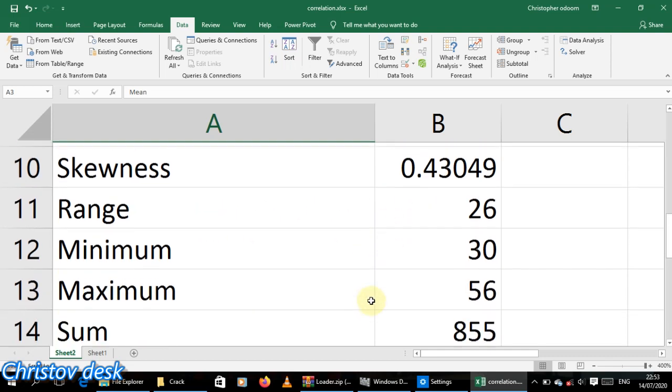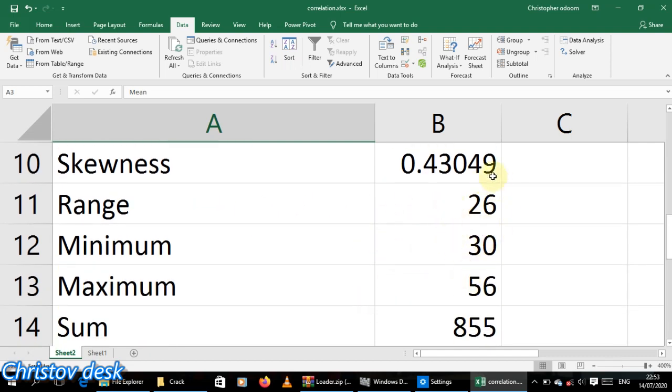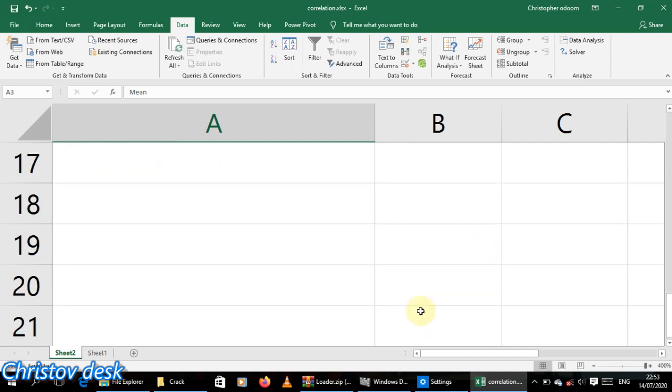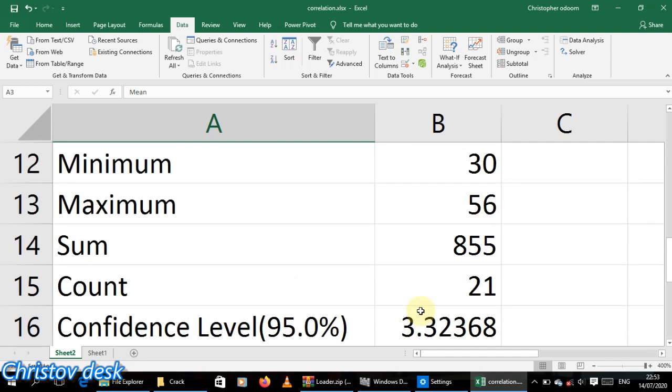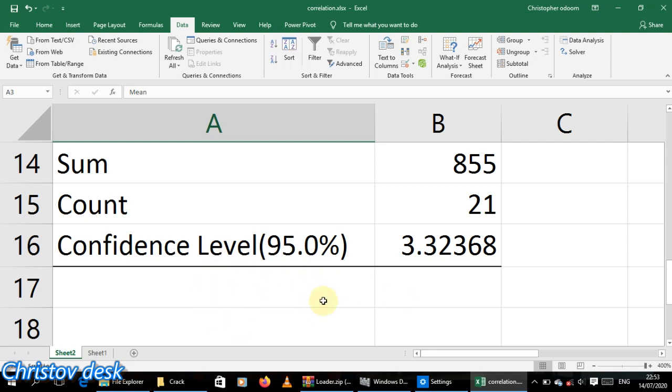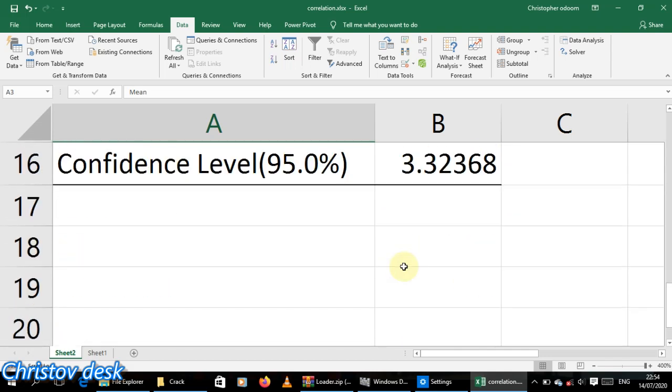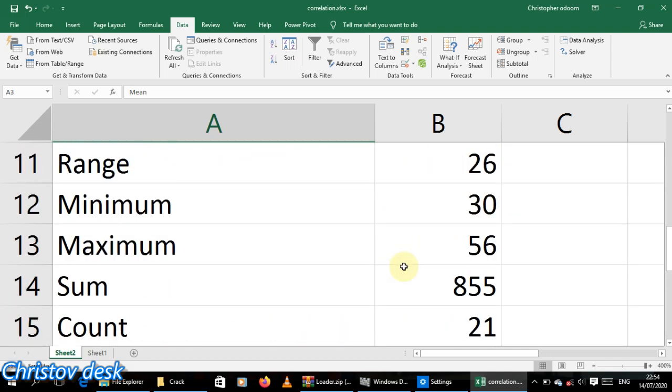The range is 26, the difference between the maximum of 56 and the minimum of 30. Then there's the sum of all the shoe sizes, and the 95% confidence level for the mean, I think, is 3.3.